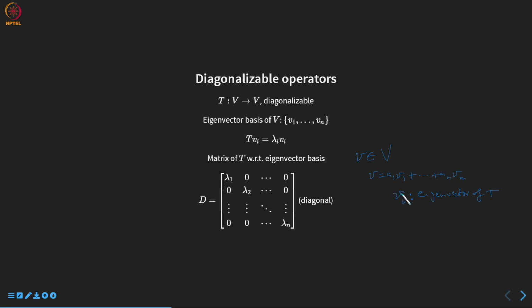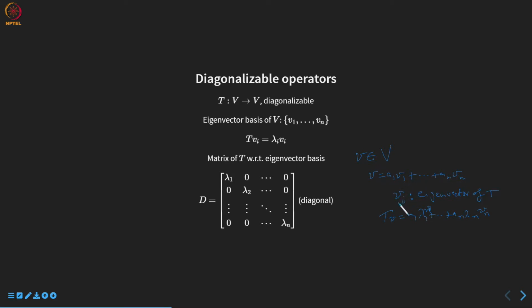Once you write it as a linear combination, you know what T does to V. TV is going to be simply A1 lambda 1 V1 plus dot dot dot AN lambda n Vn. Sorry, I forgot to put the V1, Vn. So it's just diagonal. Each Vi gets scaled by the lambdas. So the operation of T is easy to describe, but more importantly, the eigenvectors span the space.